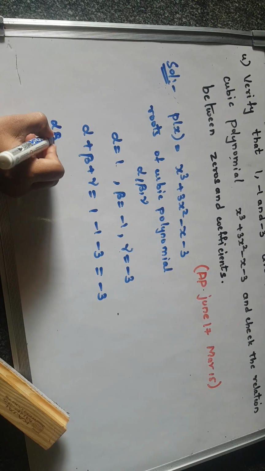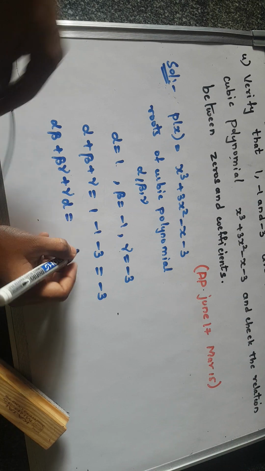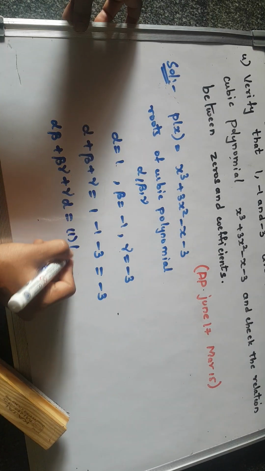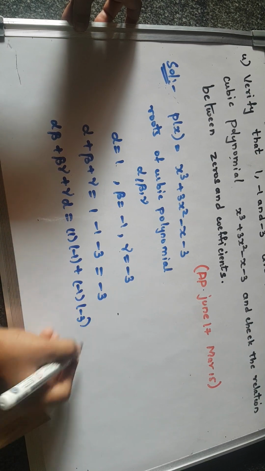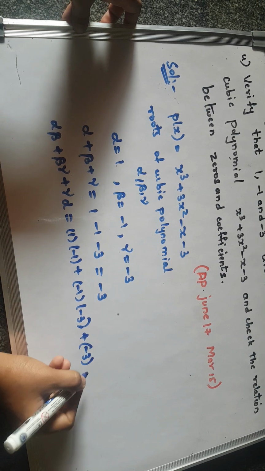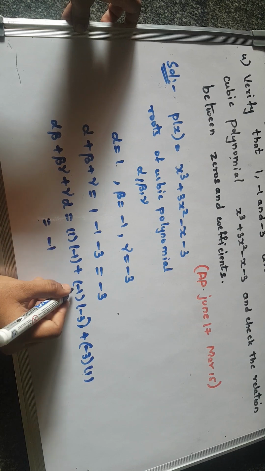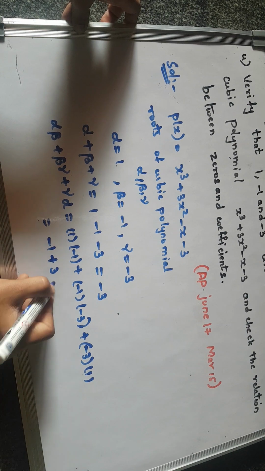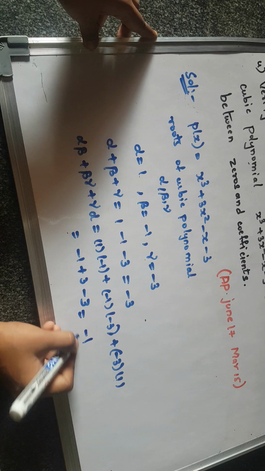And alpha beta plus beta gamma plus gamma alpha. This value becomes alpha into beta, 1 into minus 1, plus minus 1 into minus 3, plus gamma value minus 3 into alpha value 1. So this value becomes minus 1, minus into minus plus 3, minus into plus minus 3. Here this value is becoming minus 1.